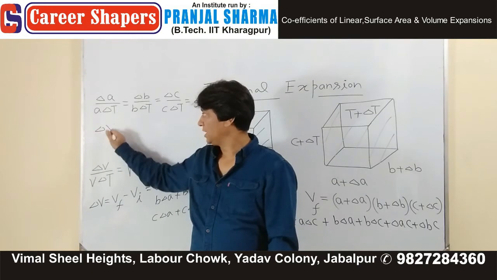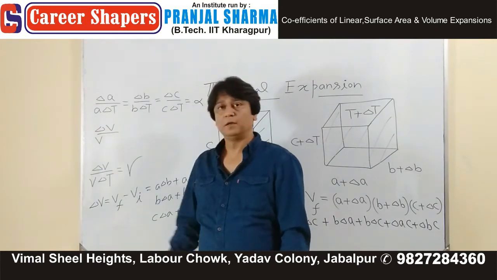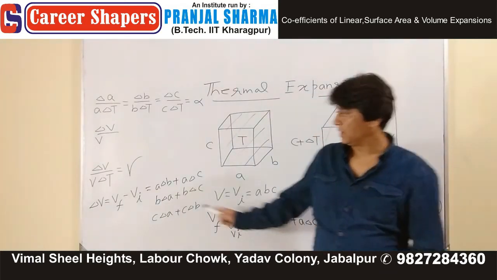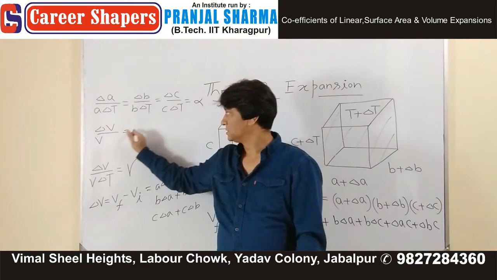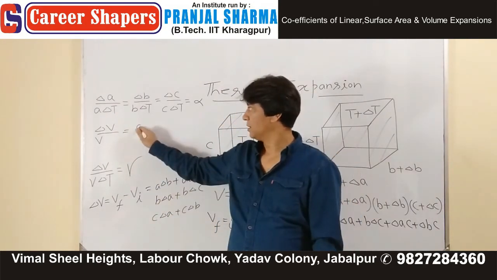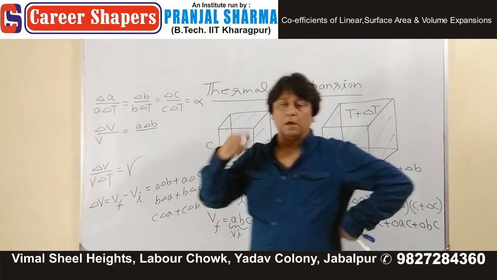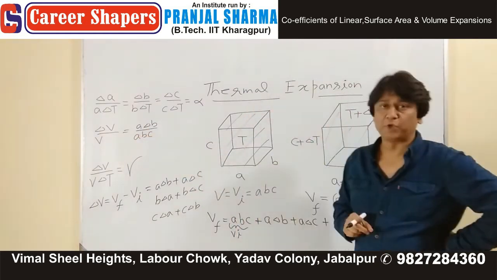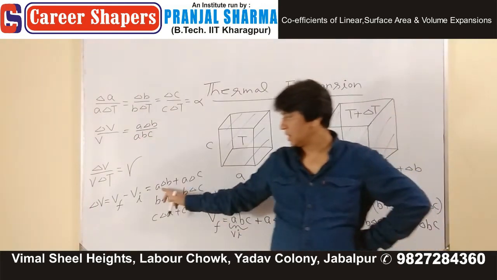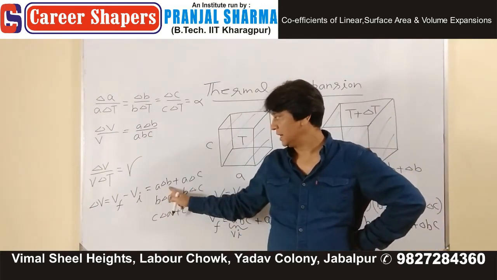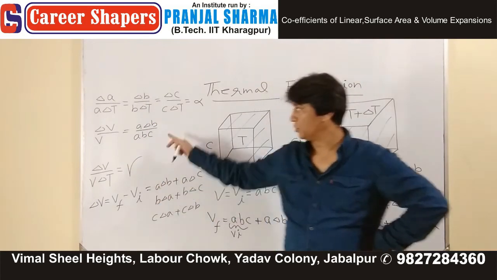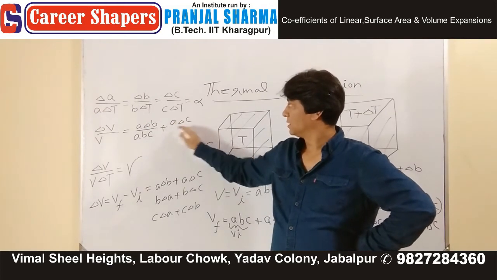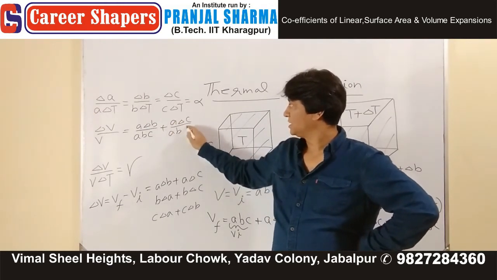Then delta V upon V is this whole part divided by ABC, the volume. A delta B divided by the original volume, which is ABC, plus A delta C divided by ABC.